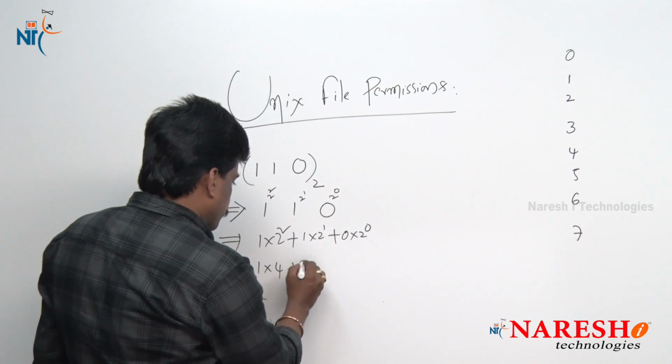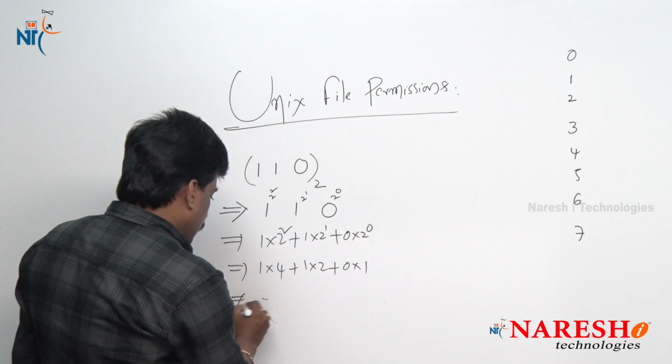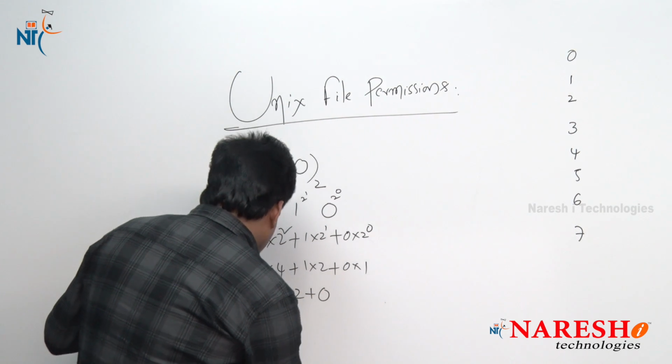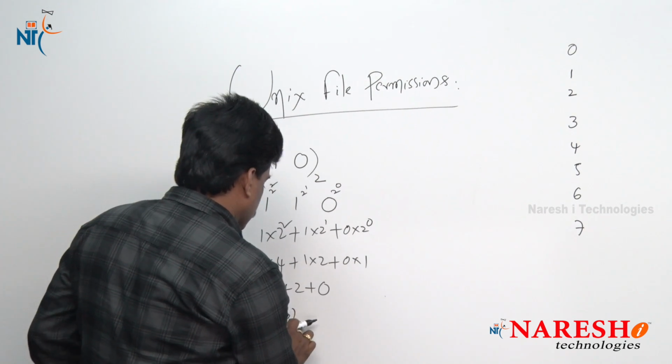That is 1 into 4 plus 1 into 2 plus 0 into 1, so 4 plus 2 plus 0. Overall you get 6 in the octal number system.